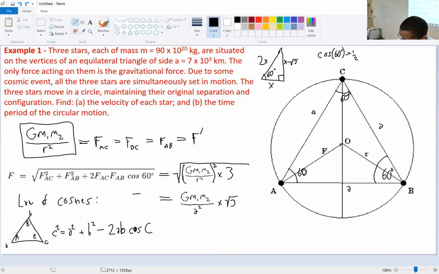So I'm just going to erase it. And I can really just square it, but he just leaves it in this form, having G, M, M, and then over A squared, G, M, M, over A squared times the square root of 3. So that's where we are right now. And then he finds the, yes.